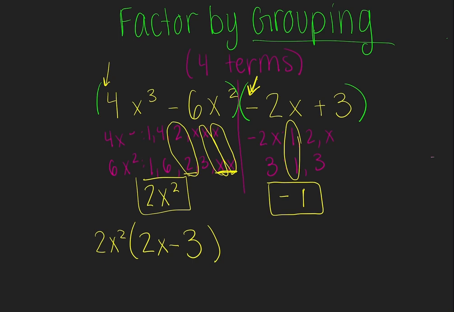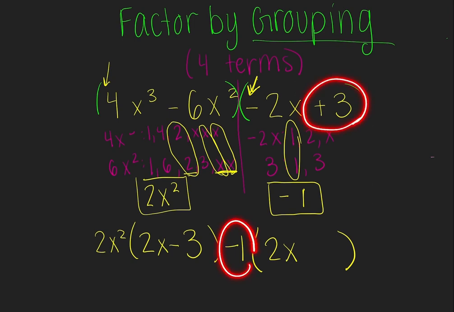And now let's take out the negative 1 of the second parenthesis and divide. So negative 2 divided by negative 1 is positive 2. I have 1 x here, and I didn't take any x's out. So that x is still hanging there. Positive 3 divided by negative 1 is negative 3.